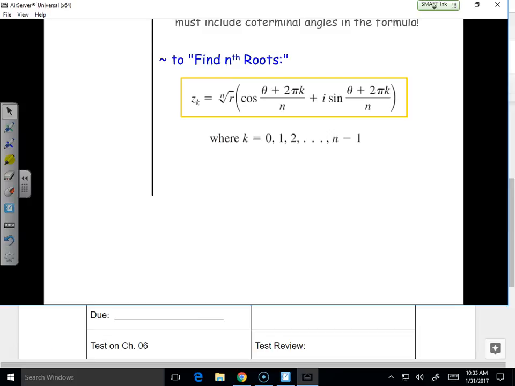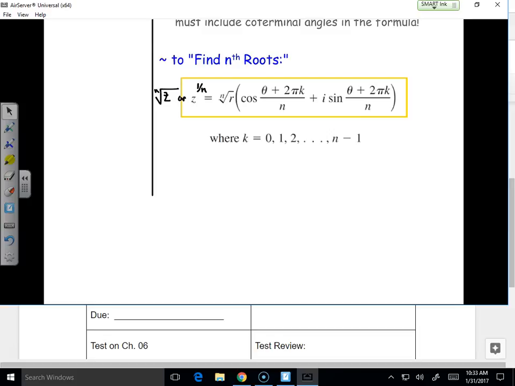Now hold on, something else. Take away the K, just for sake of simplicity.